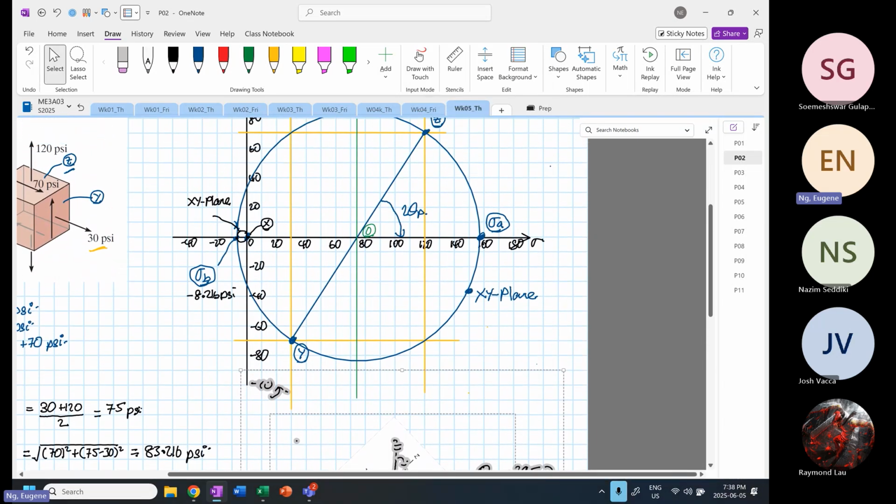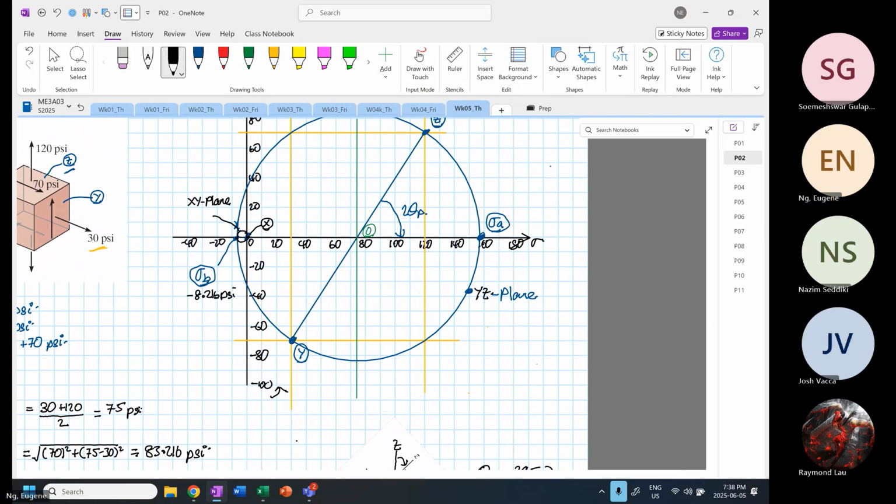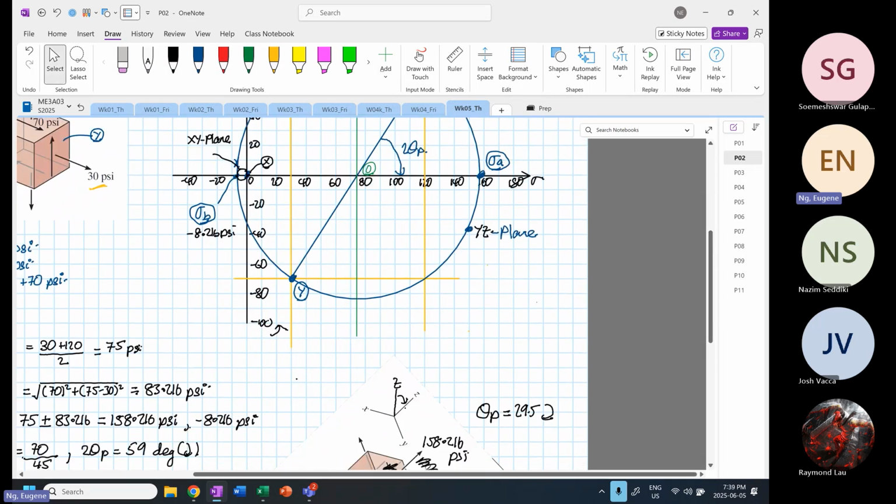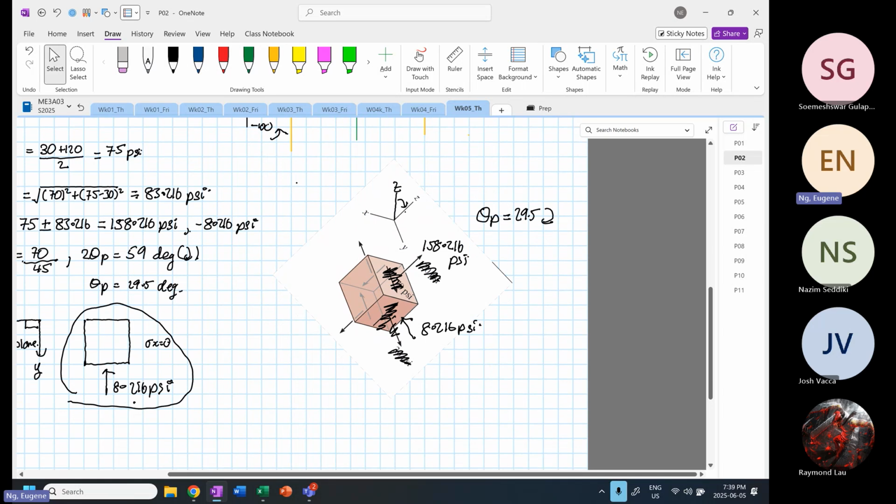The first one was not the XY plane. This is in fact the YZ plane. Okay. Then we have XY. So the next circle that we're going to draw, we're going to focus on the plane that we want to draw first. So it's going to be 0, right? And it's going to be tensile.